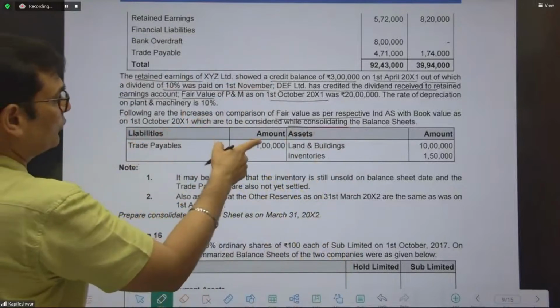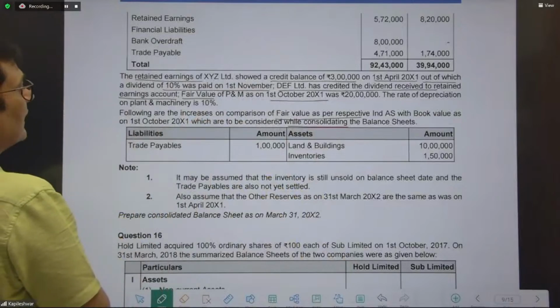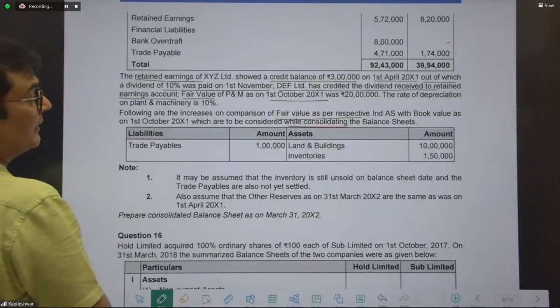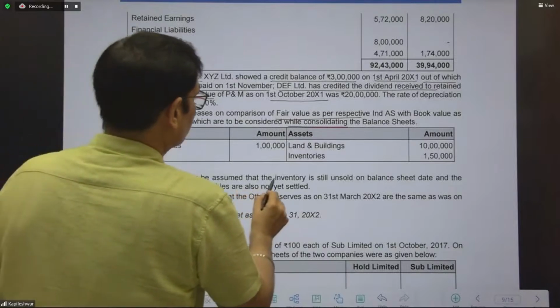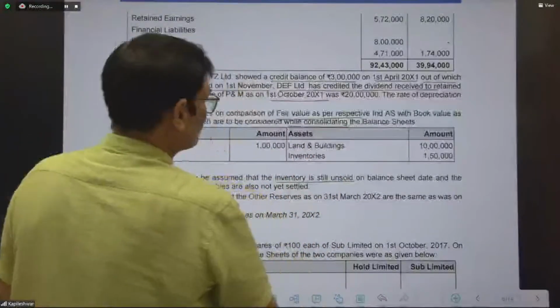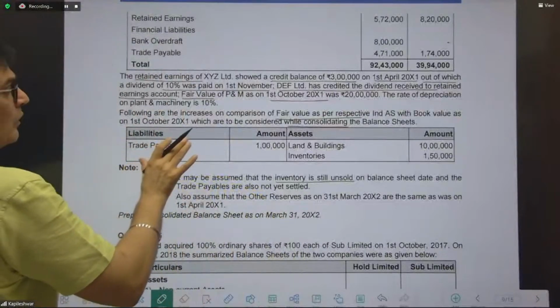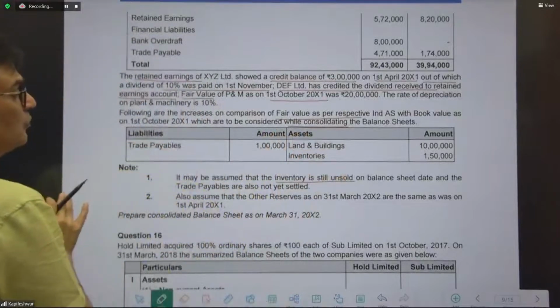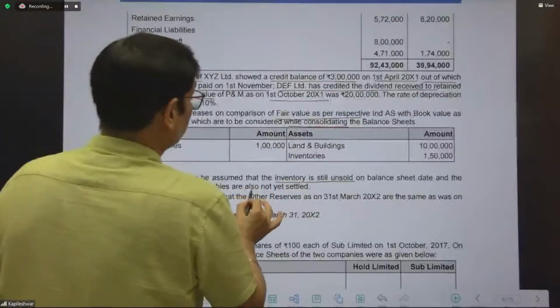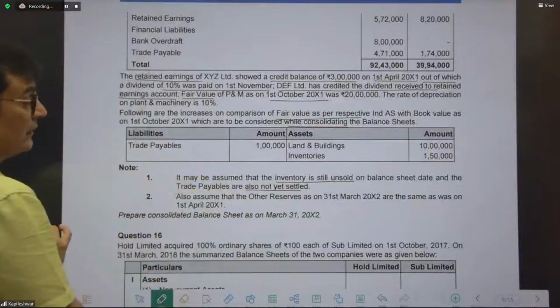So you're given the fair value of the assets and liabilities, and we need to incorporate them as a part of the consol. Then he gives you a note that it may be assumed that inventory is still unsold on the balance sheet date. So whatever is the fair value change, that inventory is still unsold on the balance sheet date, and the trade payables also not yet settled.